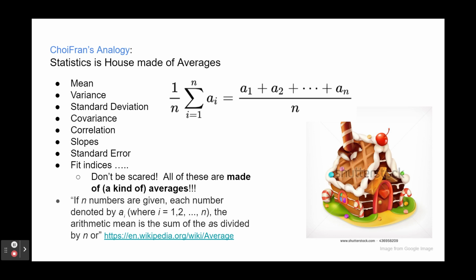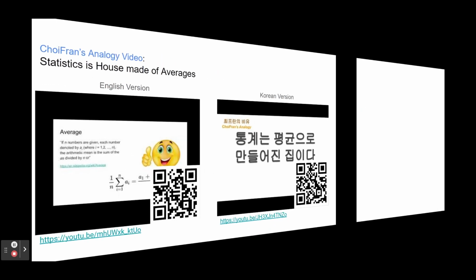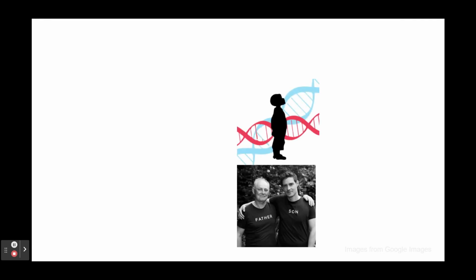So this is a good way to tackle, reduce anxiety about the scary-looking statistics house. You can break it down. Divide and conquer. It looks very complicated, but if you make it piecewise, then you can understand what's going on. Complexity can be conquered by simplicity.